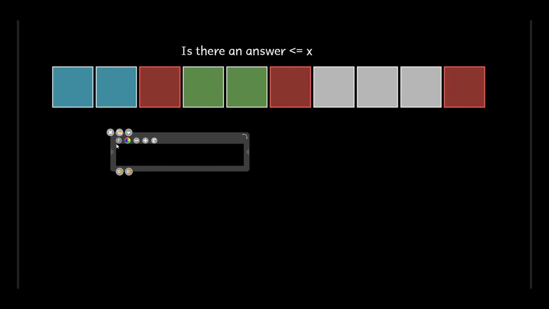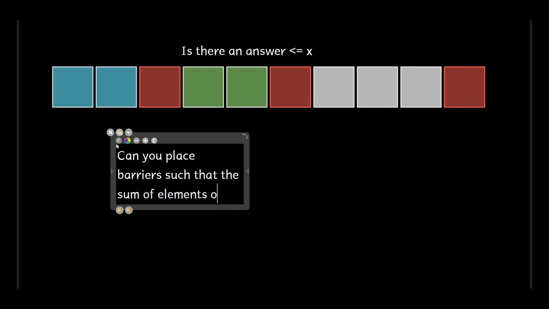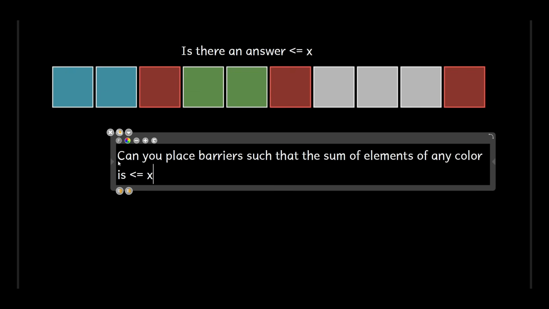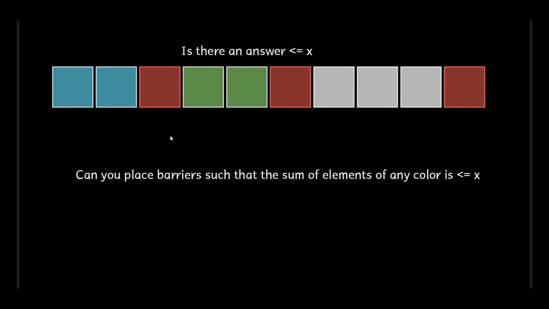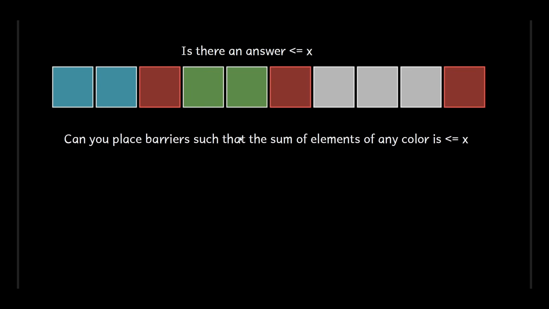You want to know, can you place barriers such that the sum of elements of any color is less than or equal to x? This is the problem that we want to solve. Can you place some barriers where the sum of elements of each color, including the color of the barrier, which is this red color, can you place these barriers such that each sum is less than or equal to x?